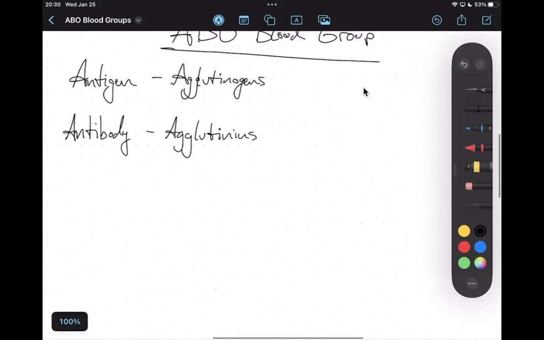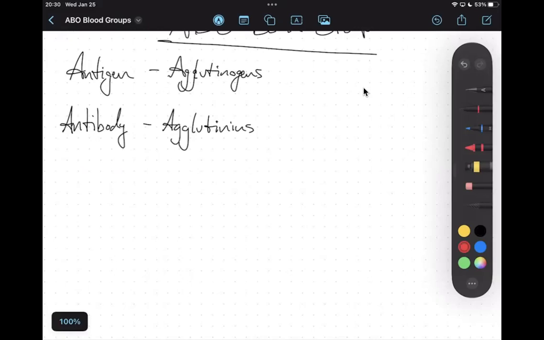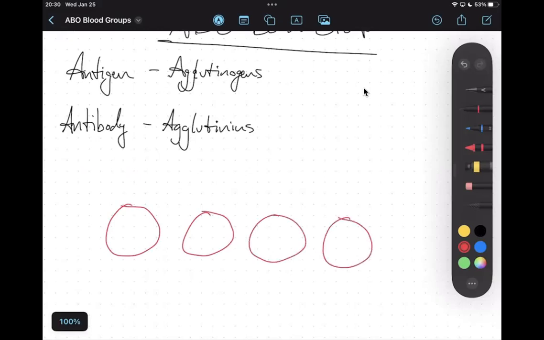When looking at our blood cells, on the surface of our erythrocytes, we're going to have different blood types. Let me draw a better circle here. These blood types are dependent upon the presence or absence of certain surface antigens, or surface agglutinogens.